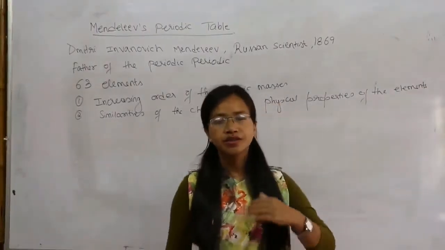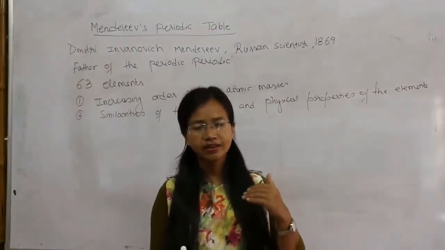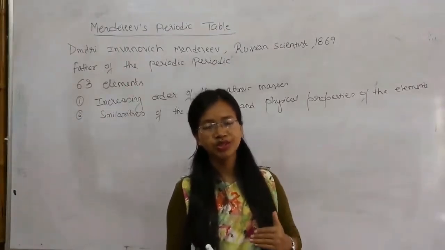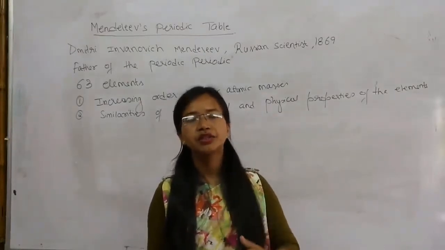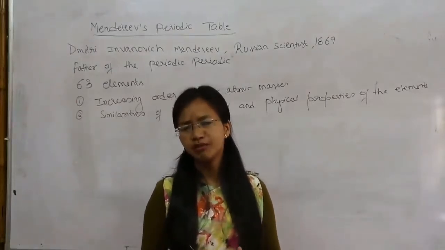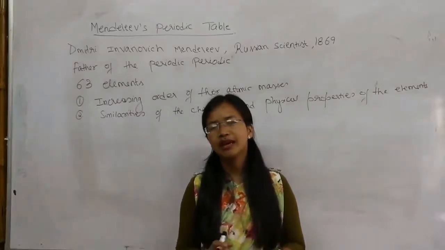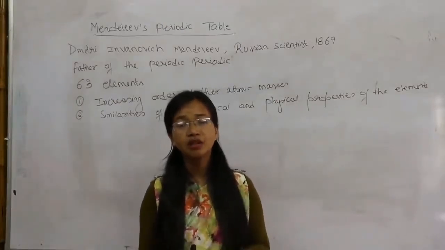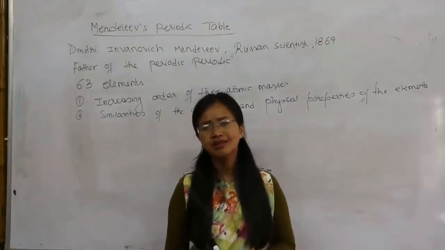In such an arrangement, Mendeleev noticed that the physical and chemical properties of the elements reoccur after a regular interval. What are the physical properties of elements? Things like density, melting point and boiling point. And what are the chemical properties?